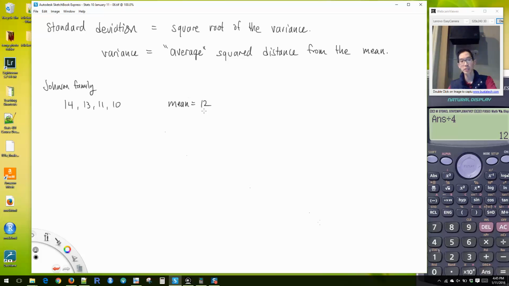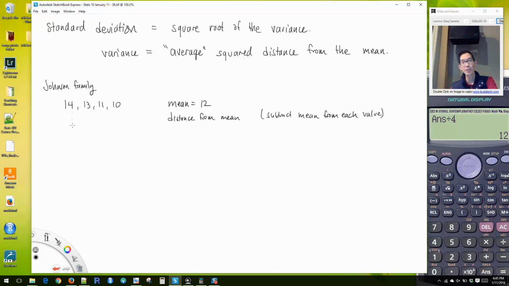So what we're going to do is find the distance from the mean for each of these data points, okay? So basically, just subtract 12 from each value. Subtract the mean from each value. And you can keep the sign, you don't have to, okay?